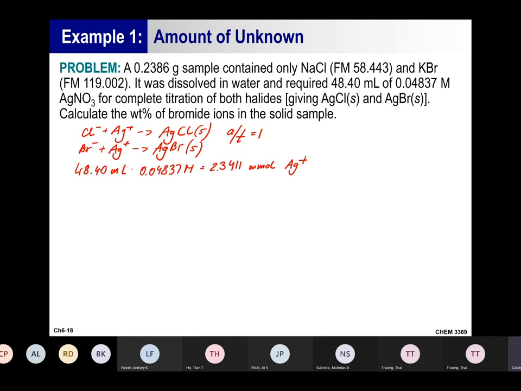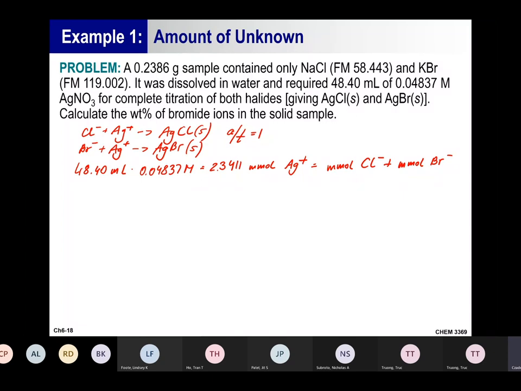But the analyte in this case is chloride and bromide. Right? So we have one equation and unfortunately two unknowns, right? The moles of Cl minus and the millimoles of Br minus.